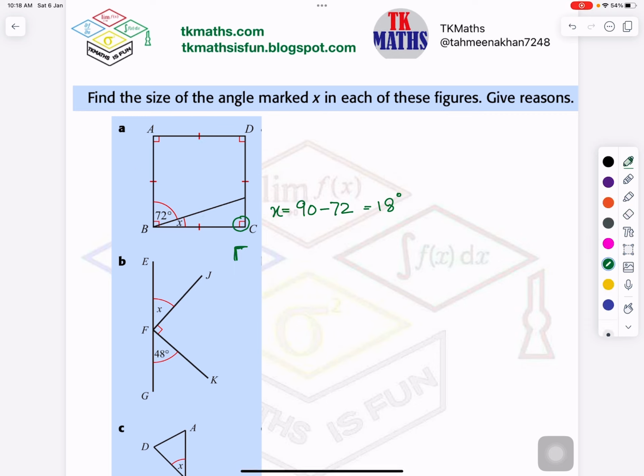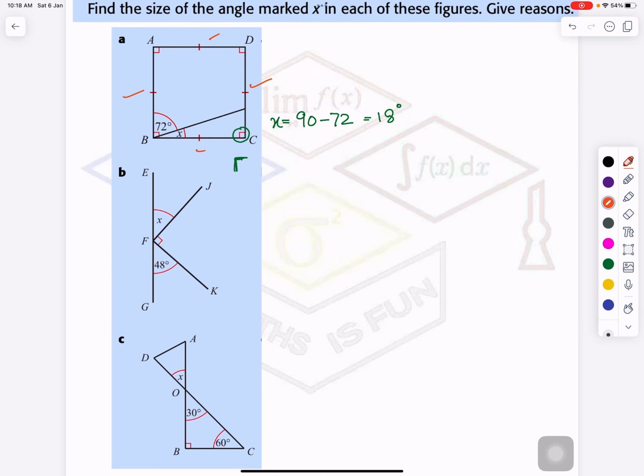Because if all the sides are the same in a quadrilateral, then it is a square. Yes or no? So it is 90 degrees. That's why we know we will do 90 minus 72.